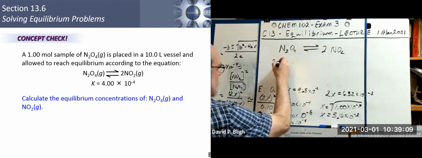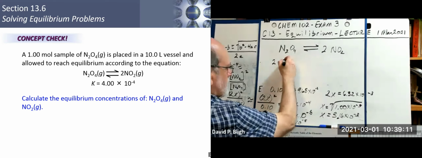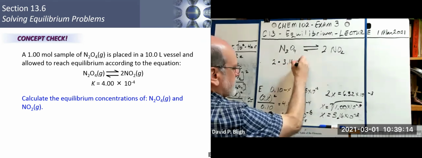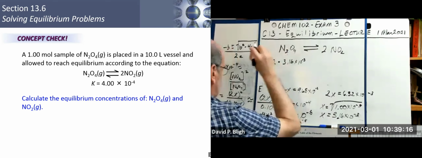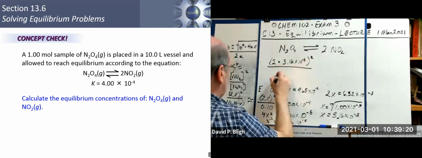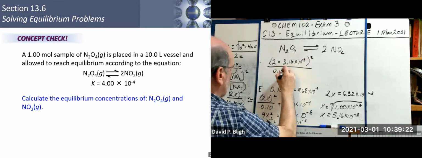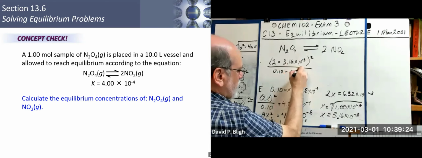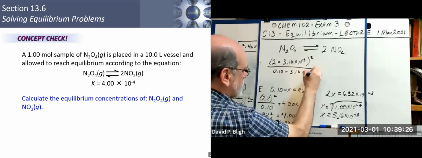We would take that x value and put it in this expression. So 2 times 3.16 times 10 to the minus 3 squared, divided by 0.10 minus 3.16 times 10 to the minus 3.